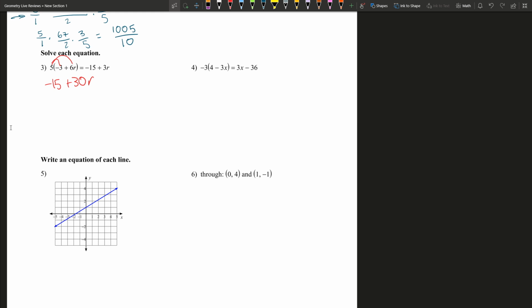So once you distribute, you get negative 15 plus 30r is equal to negative 15 plus 3r.